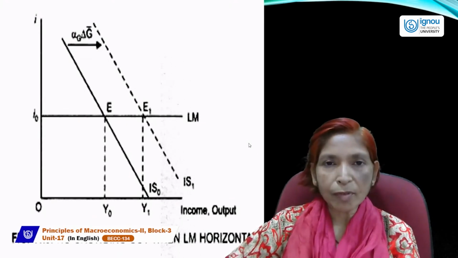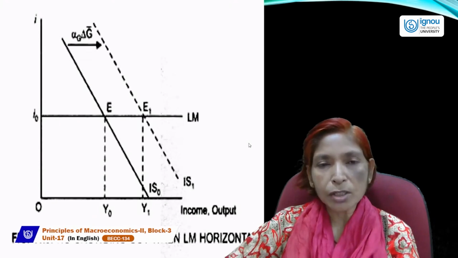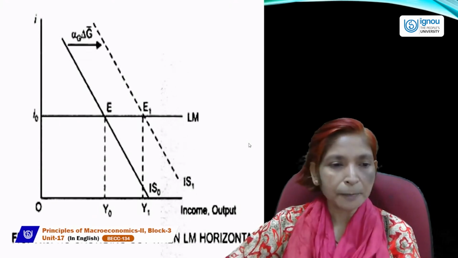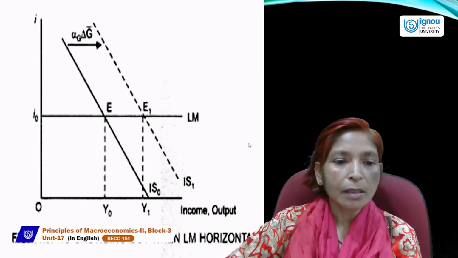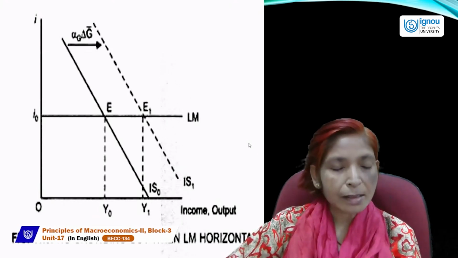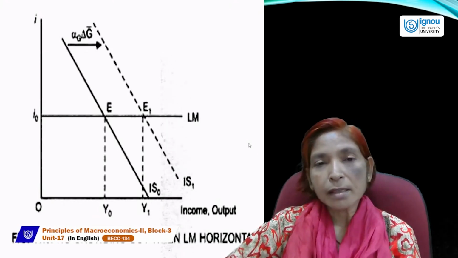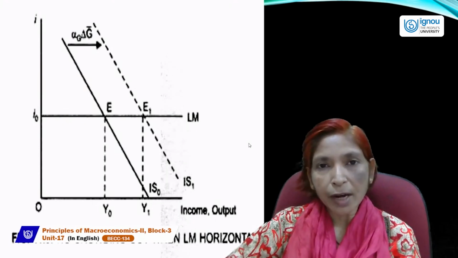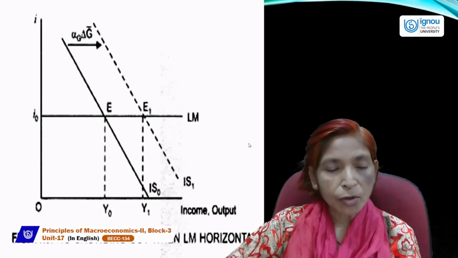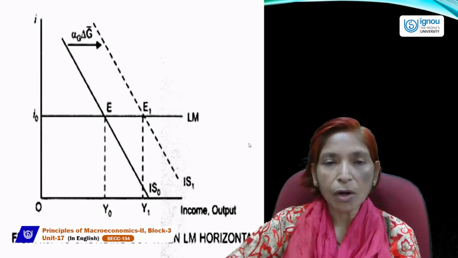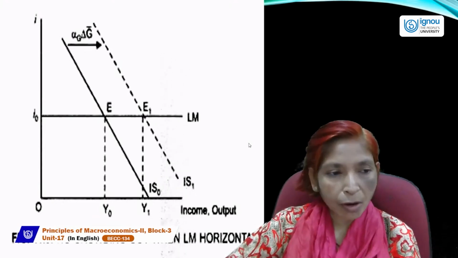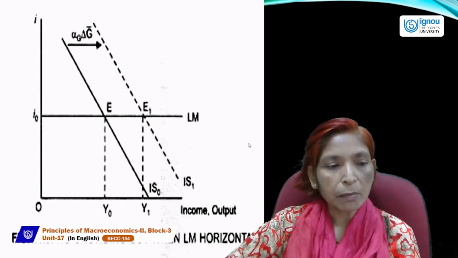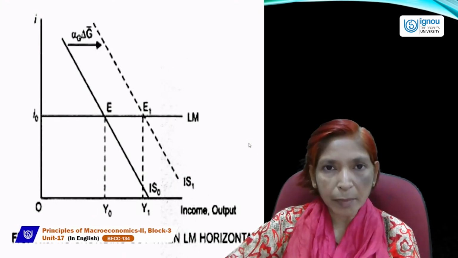So when the money demand curve is a horizontal line or perfectly elastic curve, parallel to the x-axis, the situation of liquidity trap exists. So if the LM curve is horizontal, it means the rate of interest can never fall or rise beyond that certain limit.